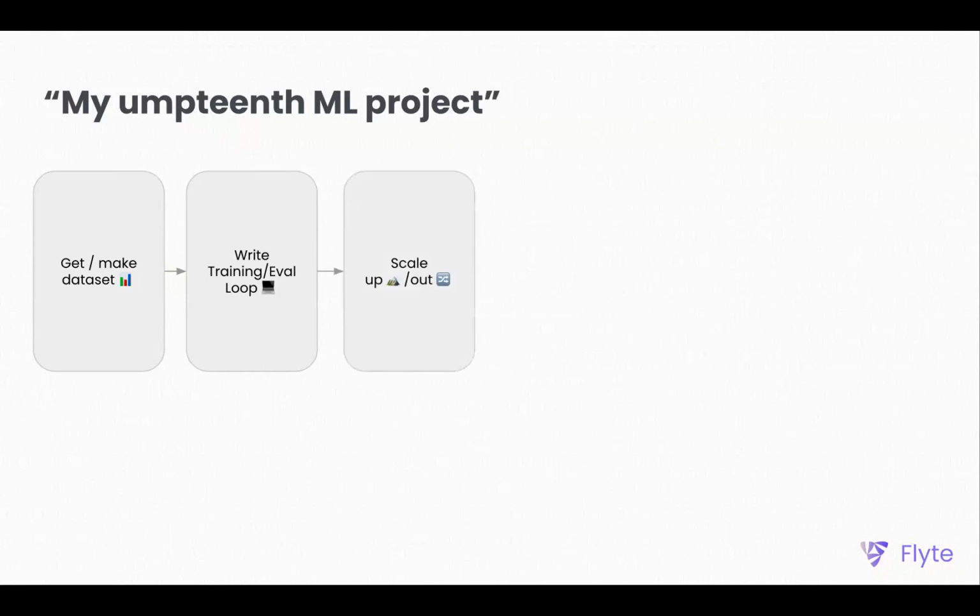And once you have something that you're fairly satisfied with locally, and one caveat here is that if you're working with terabytes of data, you might get a subset of that data so that it fits on disk, and you can get a faster iteration loop there. Once you have everything working, all the pipes are running on your computer, you'll then want to scale up or out. By scaling up, I mean use a larger machine.